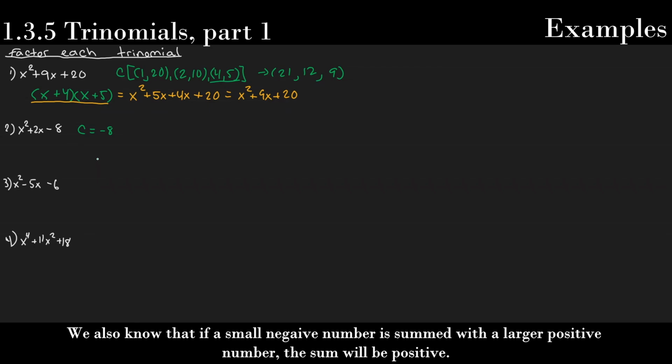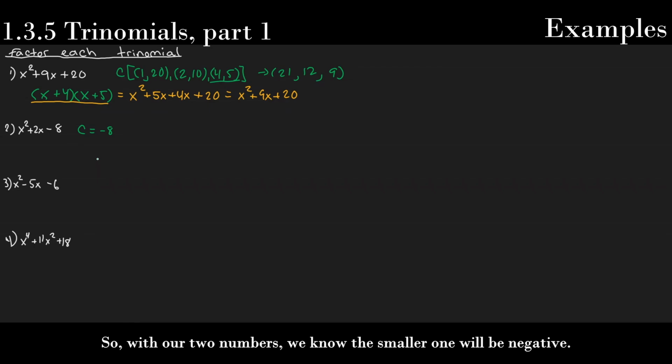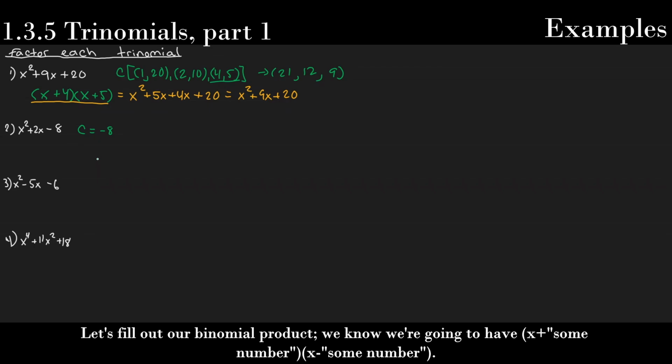We also know that if a small negative number is summed with a larger positive number, the sum will be positive. So with our two numbers, we know the smaller one will be negative. Let's fill out our binomial product. We know we're going to have x plus some number times x minus some number.